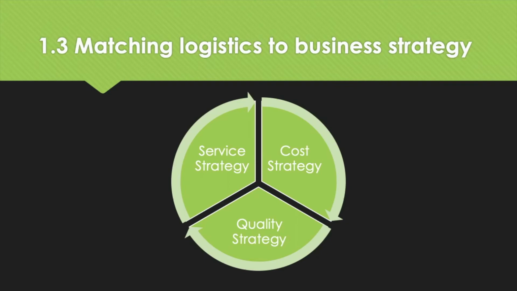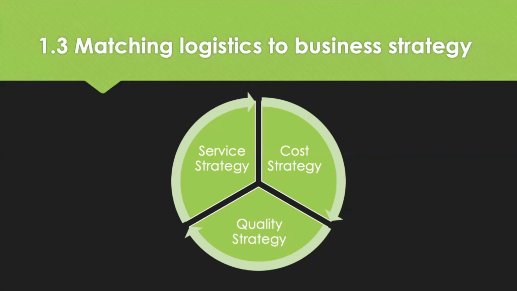But competitive advantage comes from the way in which companies organise and perform their activities in extended value chains. They must perform these activities more efficiently than their competitors, or in a unique way that differentiates them in the eyes of their customer. Generally, the approach falls into three categories: cost strategy, quality strategy, and service strategy.